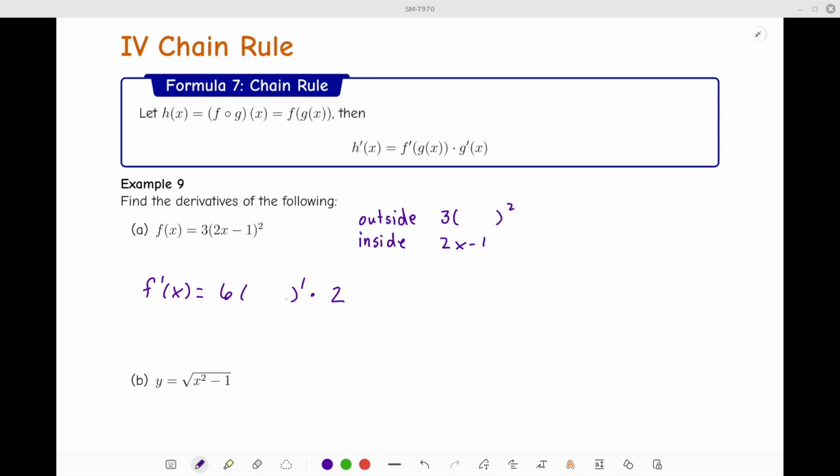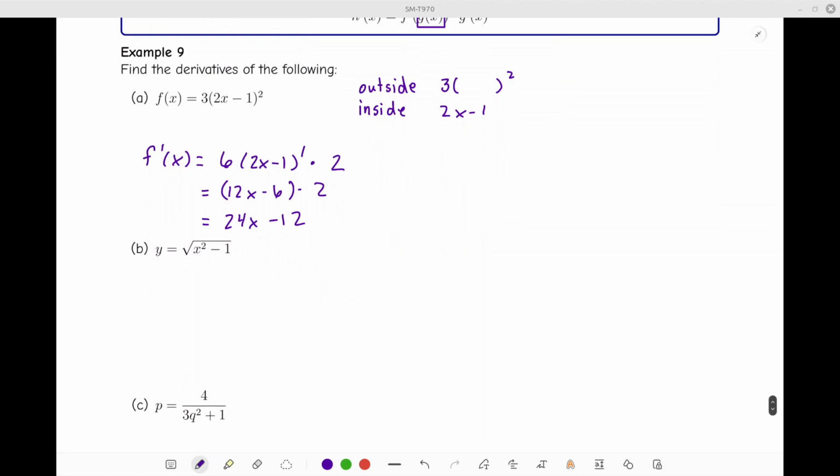But we usually do not leave a set of parentheses blank like this. And that's where this part of the formula comes in, it just stays the inside function, 2x minus 1. So this would equal 12x minus 6 times 2, which is 24x minus 2.